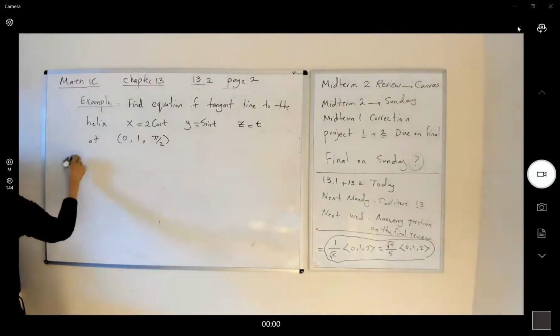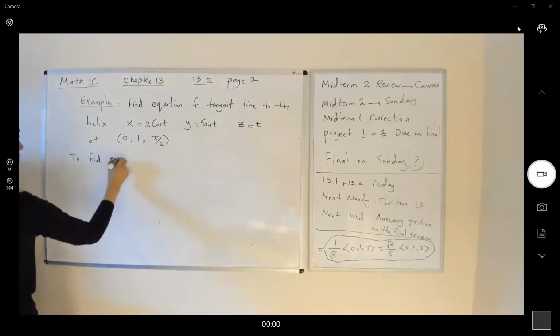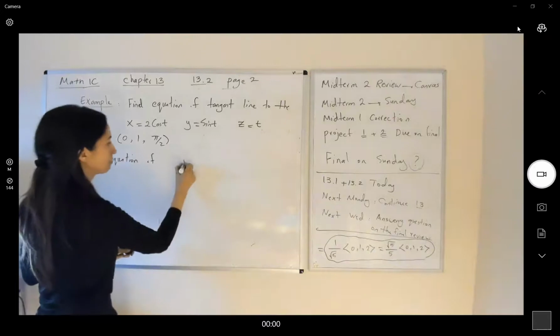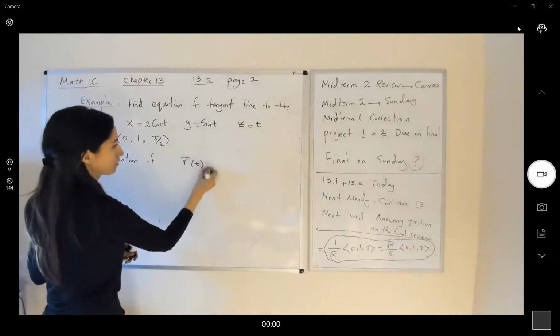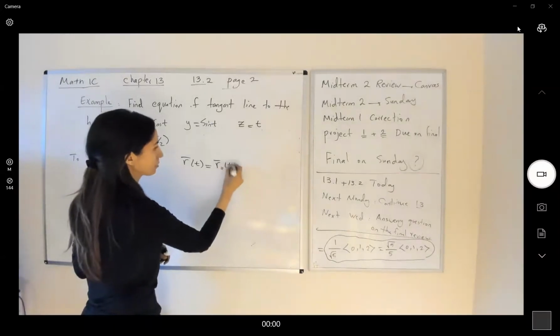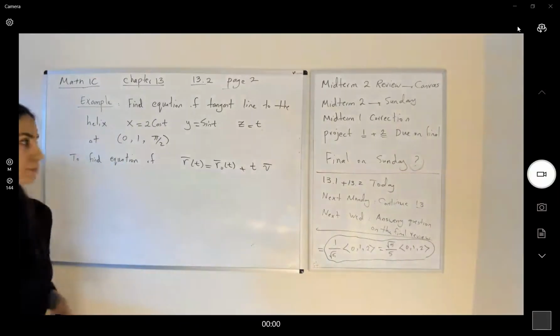Very well. To find the equation of any line, what do we need? We need the starting point plus t times the directional vector.